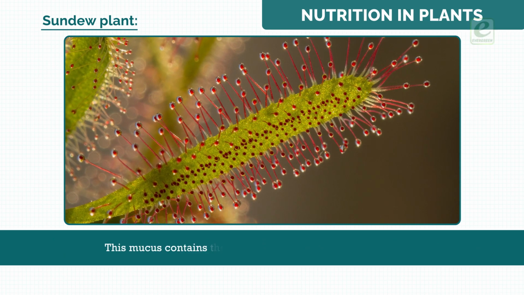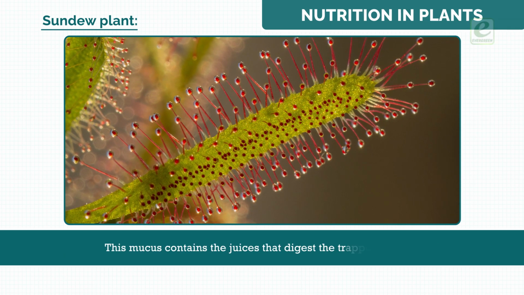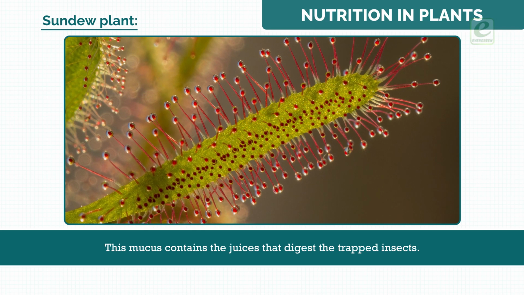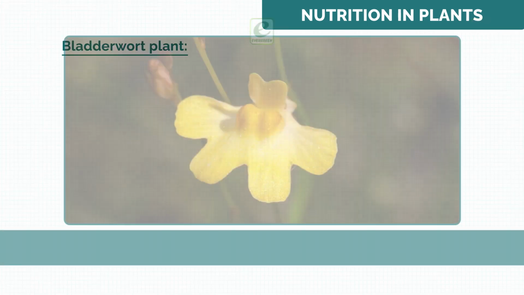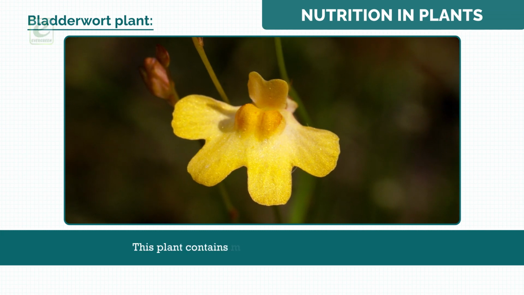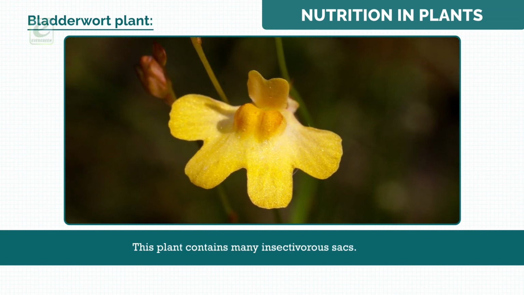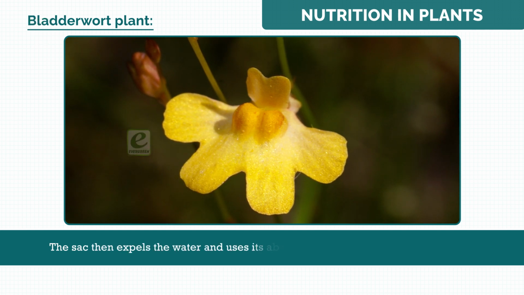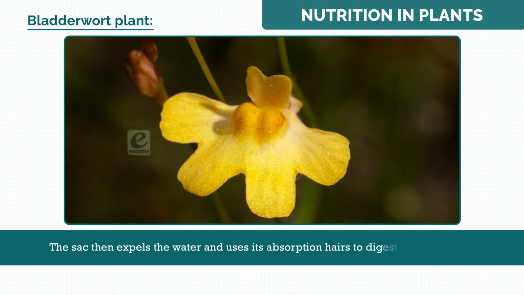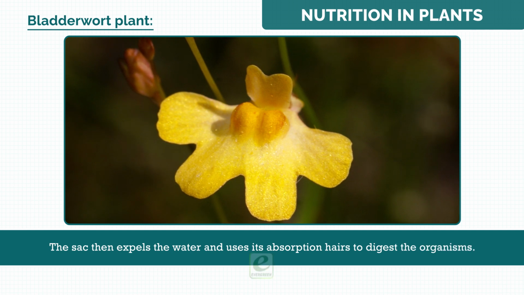This mucus contains the juices that digest the trapped insects. Bladderwort plant. This plant contains many insectivorous sacs. The sac then expels the water and uses its absorption hairs to digest the organisms.